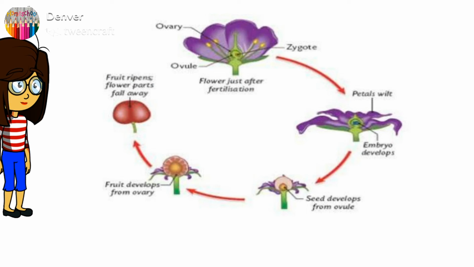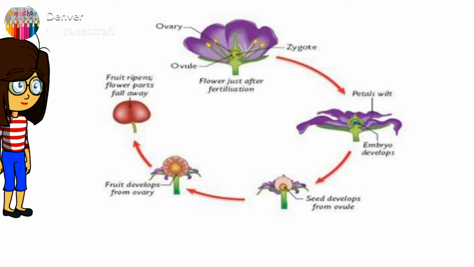After pollination, flowers wither off to form fruits that bear seeds. Wither off means the petals fall off. You can see in this diagram, after pollination the petals fall down.